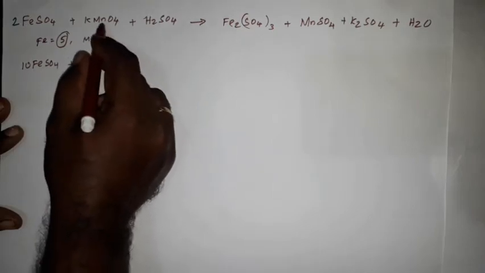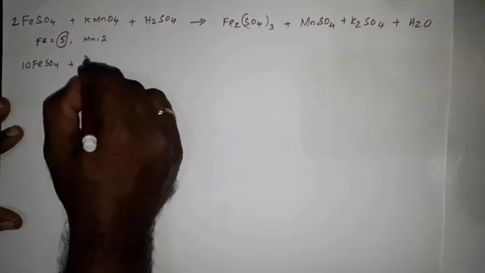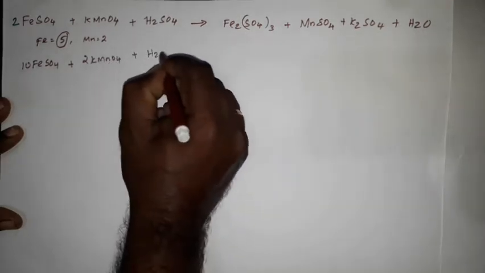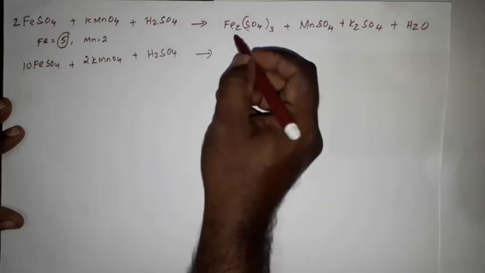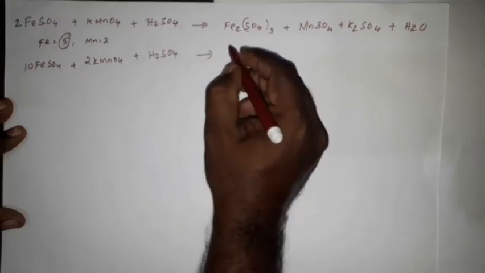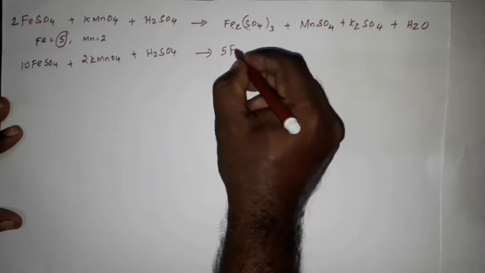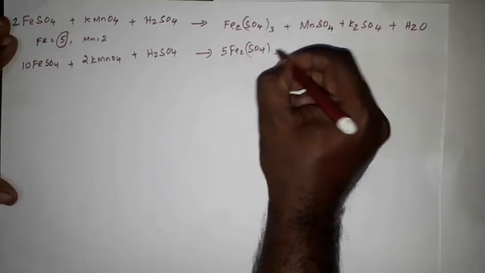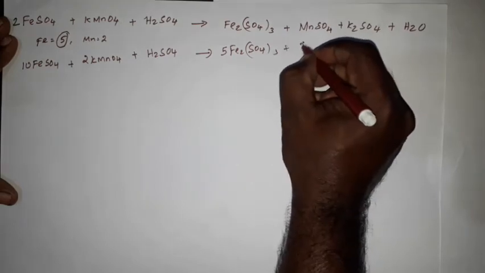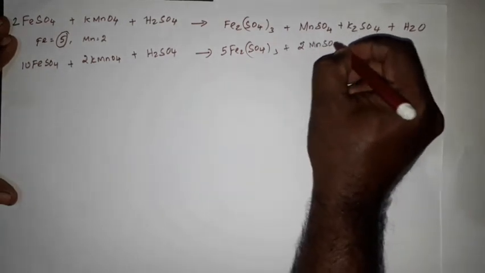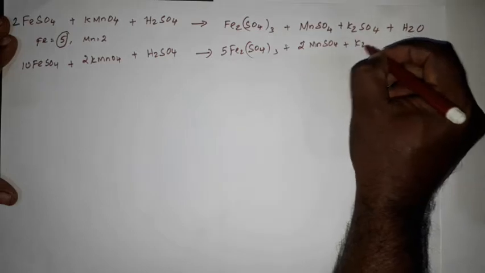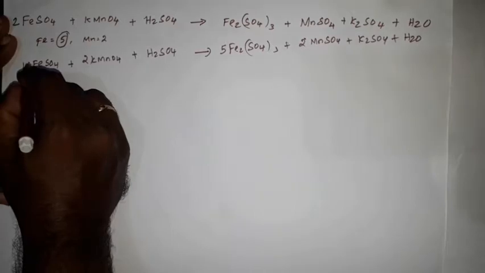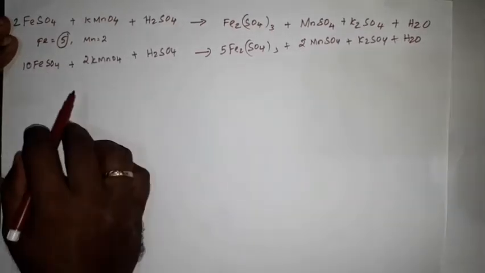So here manganese comes, so I am using 2. So 2 KMnO4 plus H2SO4 gives, here Fe comes, so I am going to write 5 here, Fe2(SO4)3 plus 2 MnSO4 plus K2SO4 plus H2O. So this is step 5.